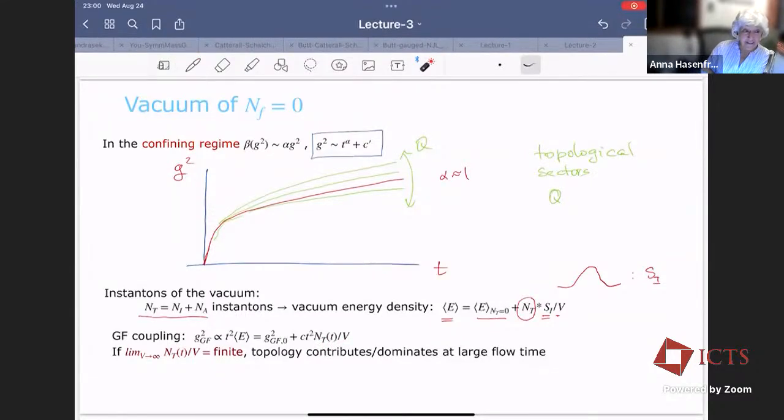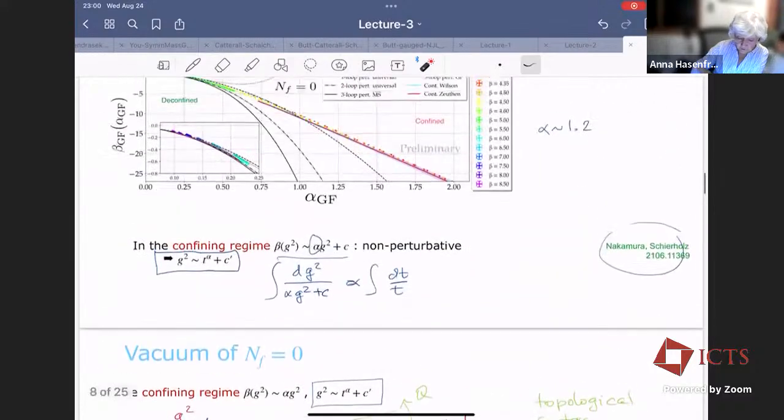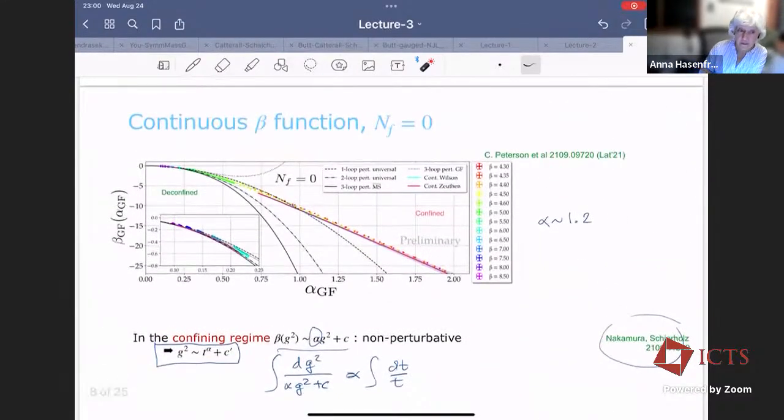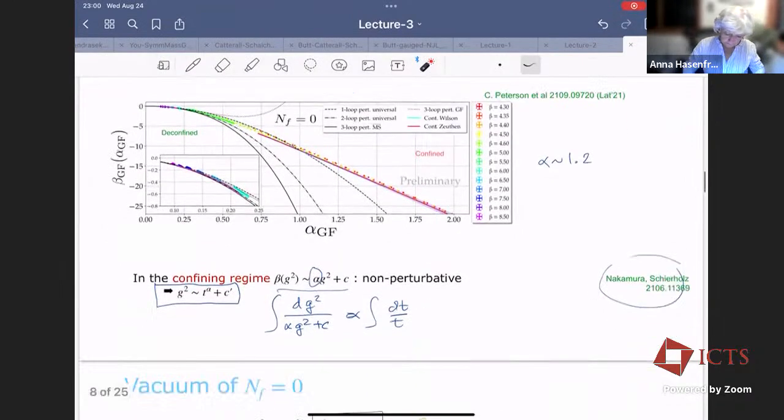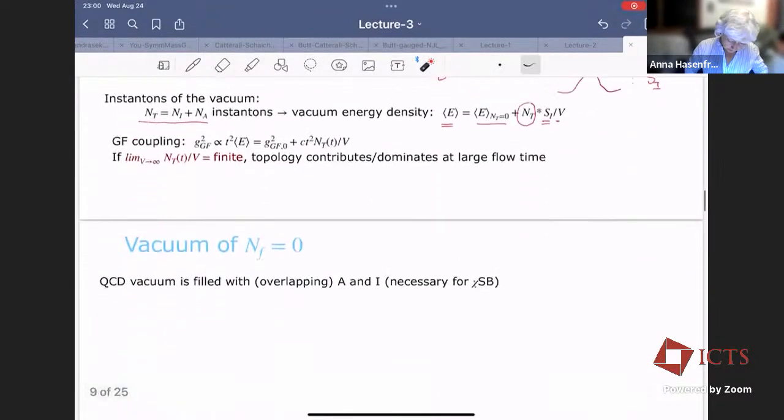Now it becomes interesting, because if this ratio N_T over V remains finite in the infinite volume limit, then the topology contributes, most likely dominates the gradient flow coupling at large time. So it is quite reasonable to think that what we observe in the beta function could indeed be topology related. So let's see how it works.